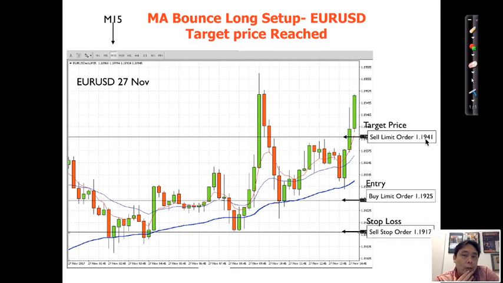Now, a common question students ask me would be, Adam, you just placed a buy limit order here, and you're waiting for the price to come down and hit that buy order and reverse back up. And some students ask me, Adam, why don't you wait for a bullish candlestick pattern to form before entering?